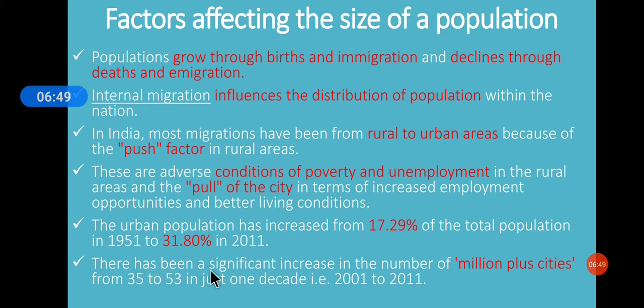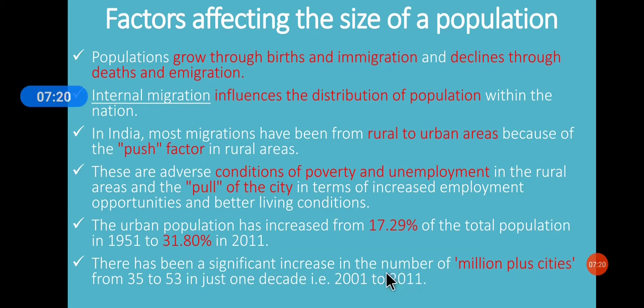There has been a significant increase in the number of million plus cities from 35 to 53 in just one decade, that is 2001 to 2011. That means the number of million plus cities has increased, and people have been moving from villages to urban areas because of better living conditions.